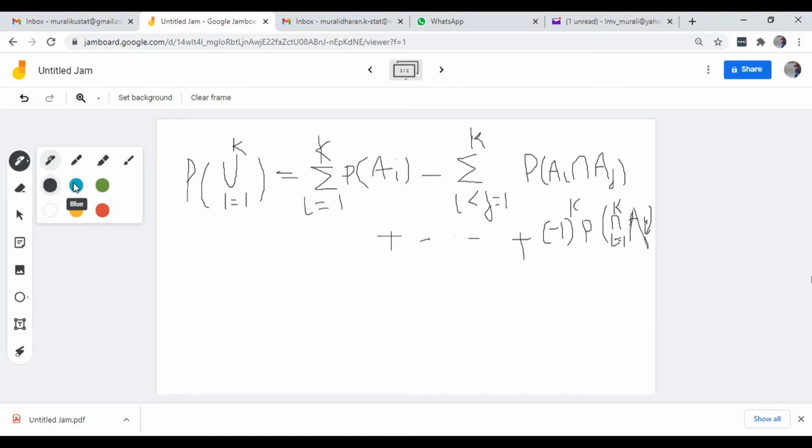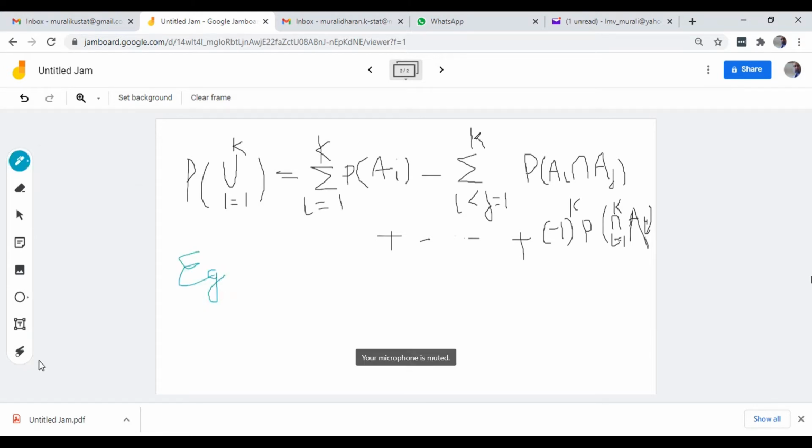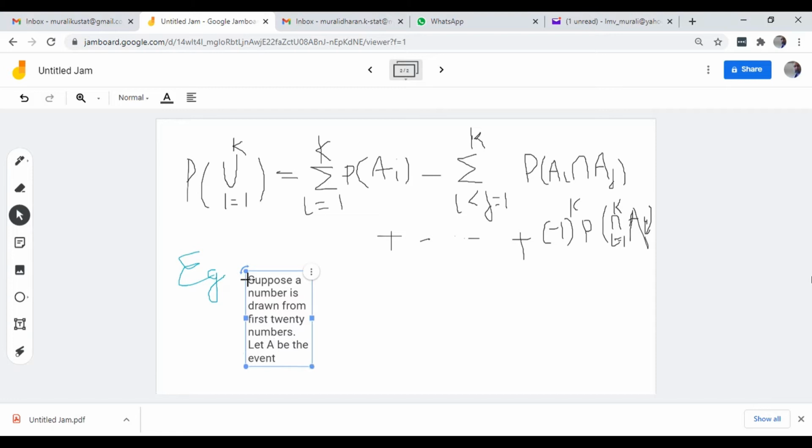Example. Okay, let me use this one. Suppose a number is drawn from the first 20 numbers. Let A be the event that it's an even number.